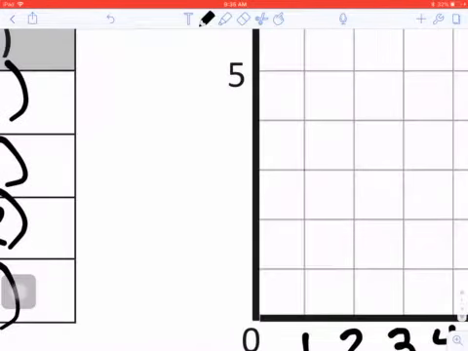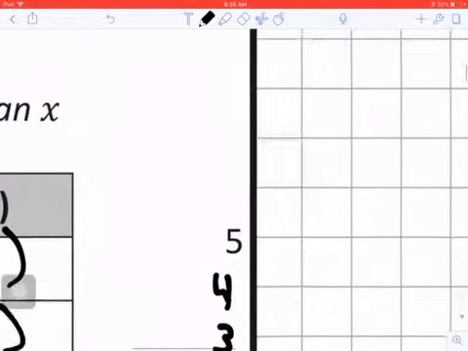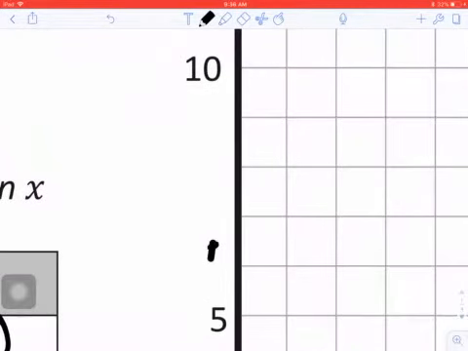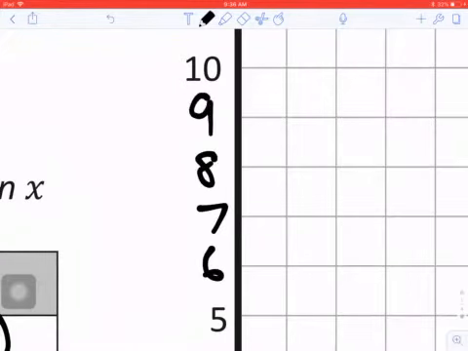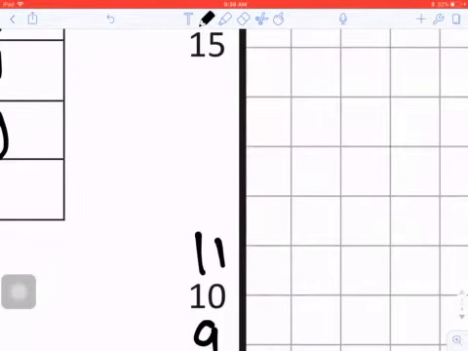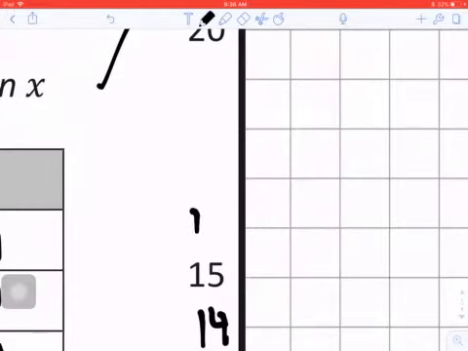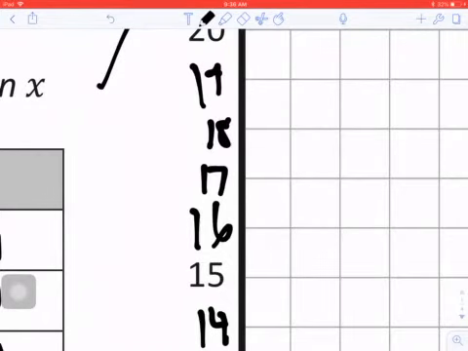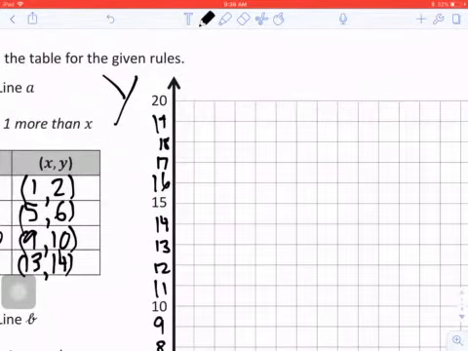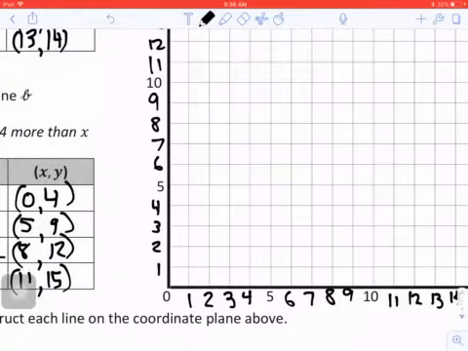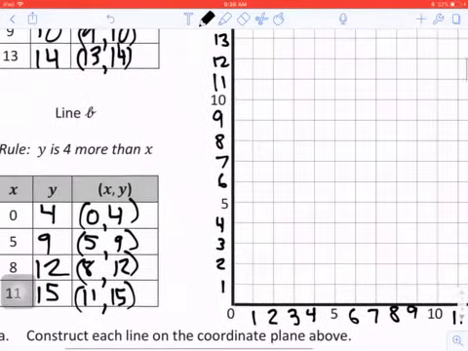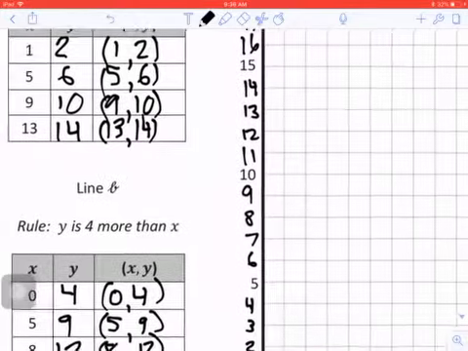Go ahead and do that this way too, on the Y. 1, 2, 3, 4, 5, 6, 7, 8, 9, 10, 11, 12, 13, 14, 15, 16, 17, 18, 19, 20. So now, all of those are filled in, so it makes it a little bit more simple, if that's how you prefer to do that. You definitely don't have to, though.